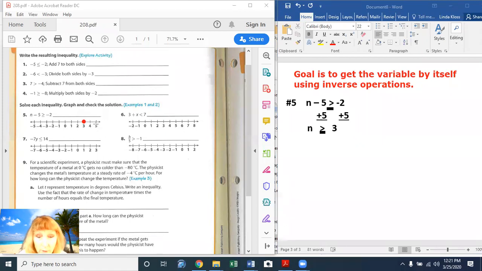And what direction is my arrow going to go? My arrow is going to go, it's greater than 3 or equal to it. So my arrow has to go that direction. Correct? Correct. Okay. Gotta move my sign around here.